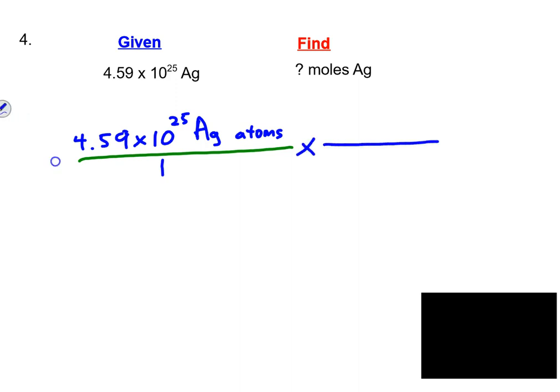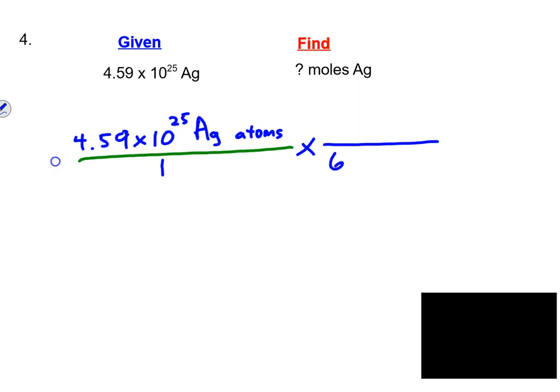And now, what's our second fraction have to be? What gets unit formula atoms, which is a particle? What gets my particles into moles? Because we're trying to get moles. 1 mole of silver. So we got to have particles on the bottom, don't we? Yeah, and the particles goes with a big number, right?